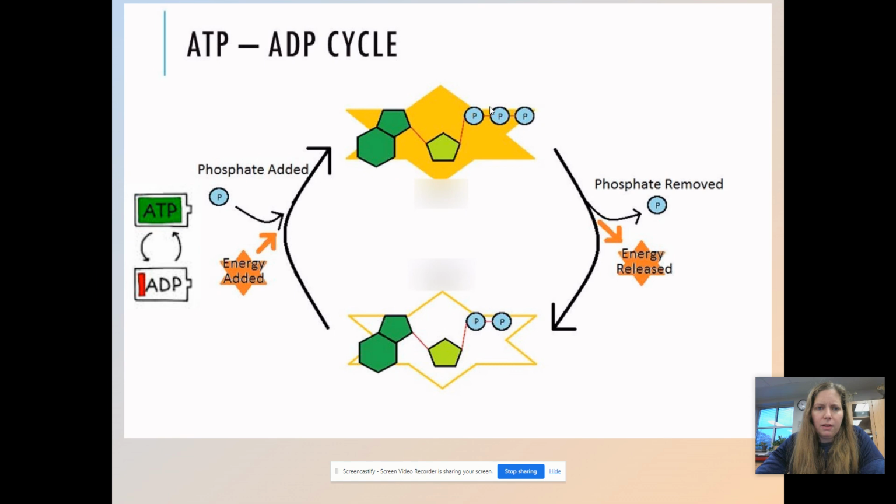So this is a very important diagram to understand. This is called the ATP-ADP cycle. And up at the top here, we have ATP, adenosine triphosphate. Triphosphate because you'll notice in here are 3 phosphate groups.